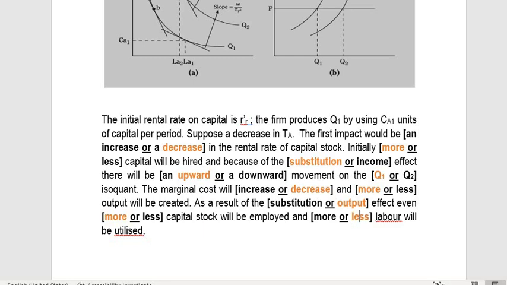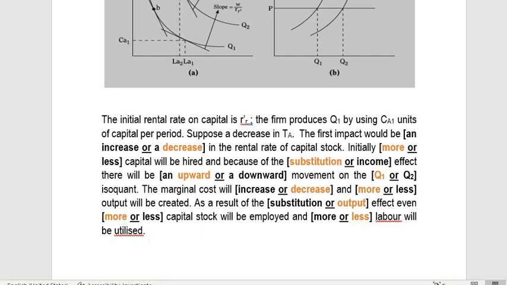Now just to explain what that means. Remember, while we were still on Q1, we started using more capital, which is much cheaper, right? And therefore, the marginal cost of producing is lower. When marginal cost is lower, you can afford to produce more. Therefore, output will increase, and this is known as an output effect.